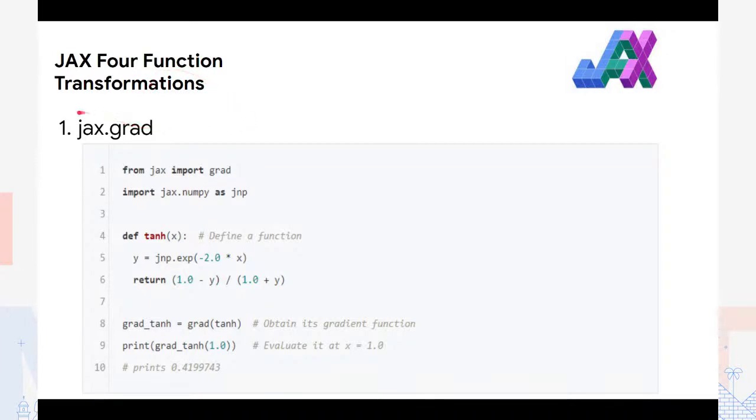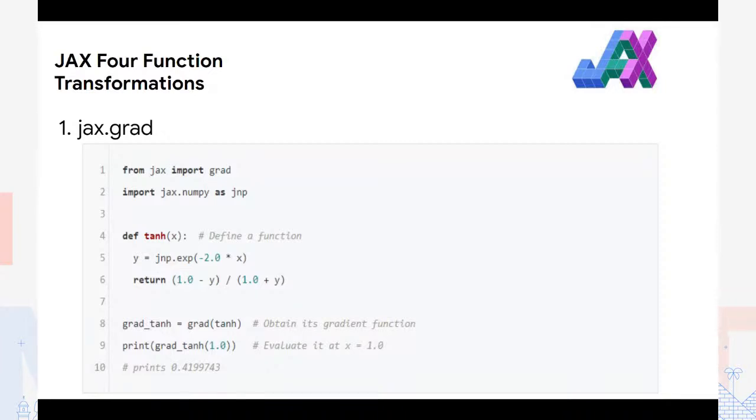Starting with the first function, jax.grad. This is also a transformation function, used mainly to compute the gradient for a given function. It takes a function as an input and returns a new function that computes the gradient of the original function.